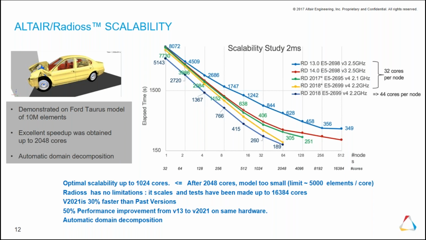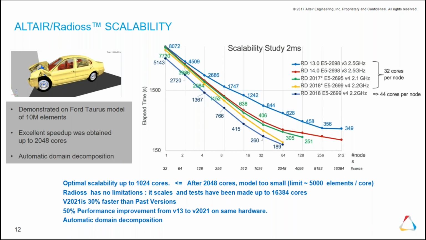And with every version we have improved this scalability feature. You can see on the right hand side, we have started this scalability from version 13, where on the x-axis is the number of cores used, and on the y-axis the time required to solve the problem. So every version we have done this comparison, and the current version 2021 is 30% faster than the past versions.